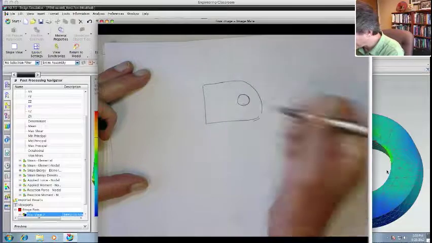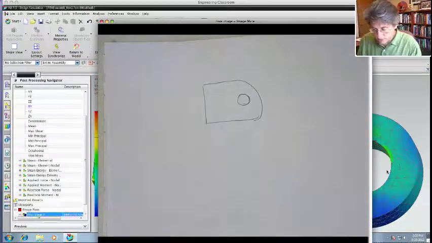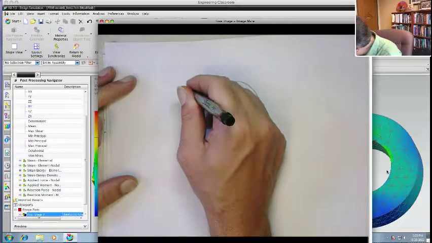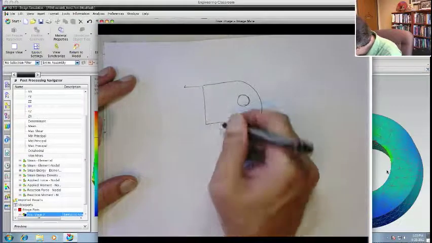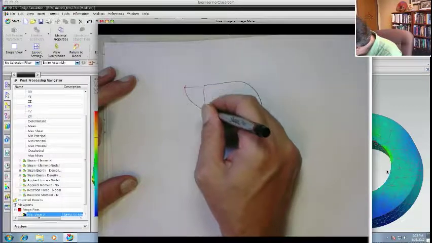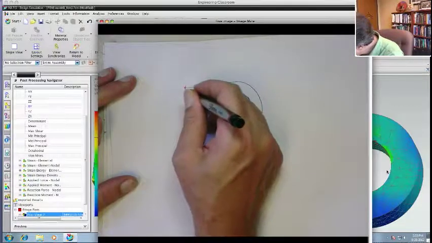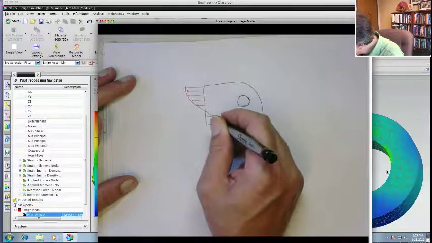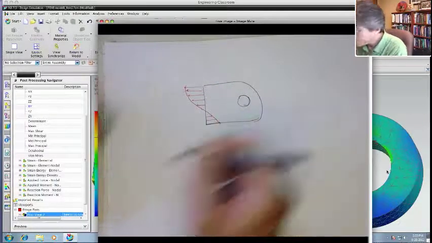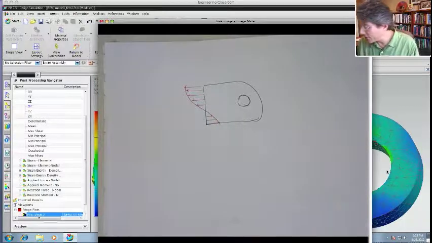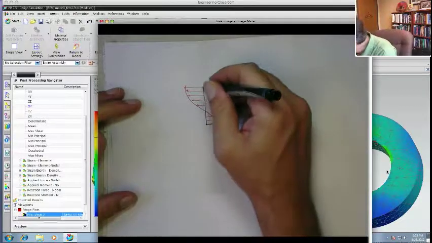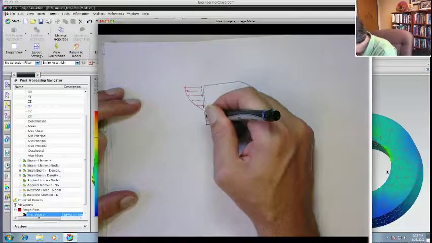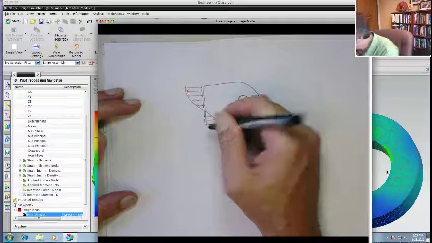My poorly drawn diagram. Let's talk about the normal. The normal seems to have some sort of distribution that looks like this. It goes a little bit like this. And then the shear has this type of distribution.